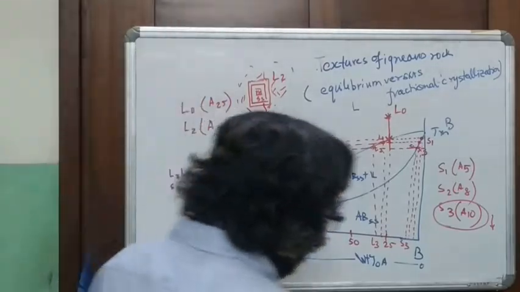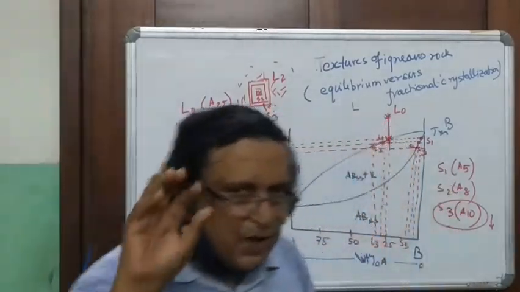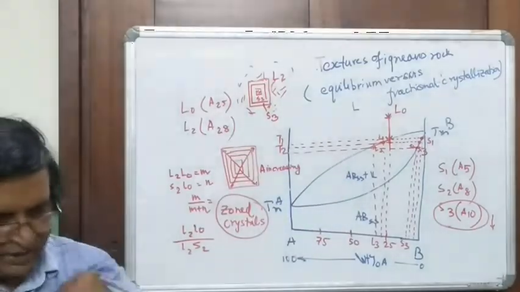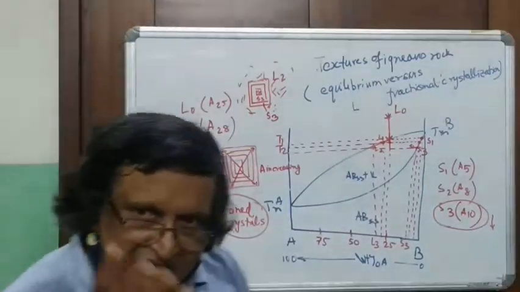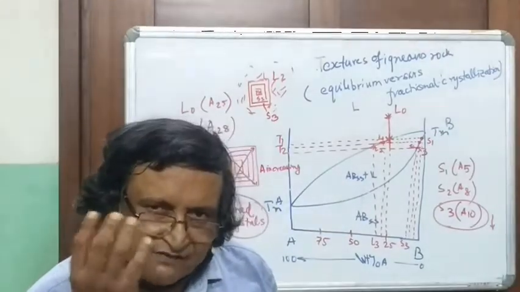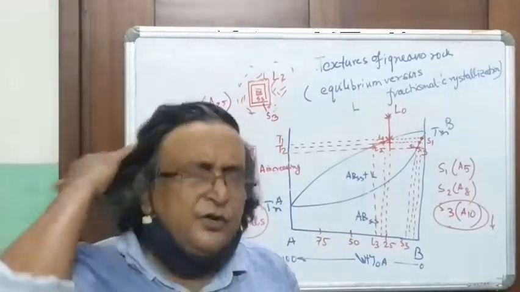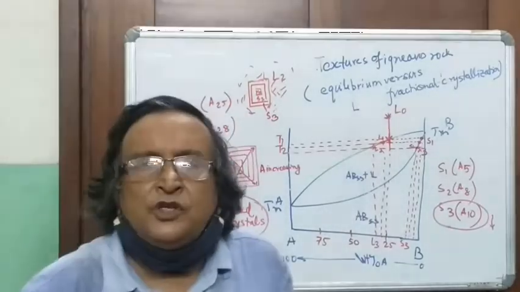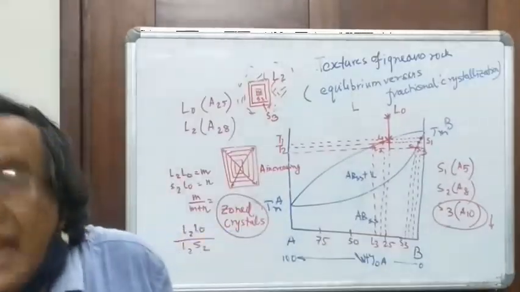Now I can tell you a few processes. Some of them are quite tricky to understand. I will give you some ways in which this crystal fractionation happens, the processes by which crystal fractionation happens.